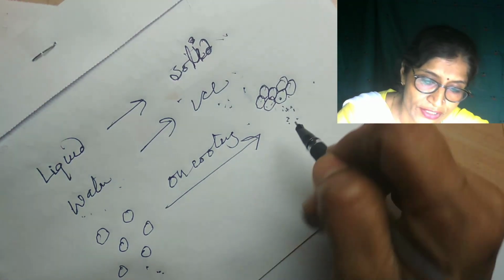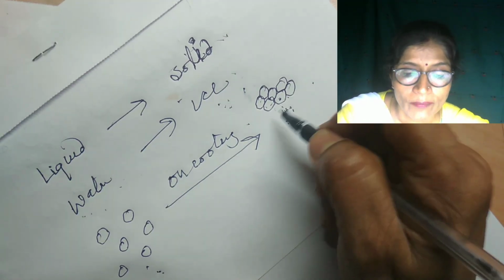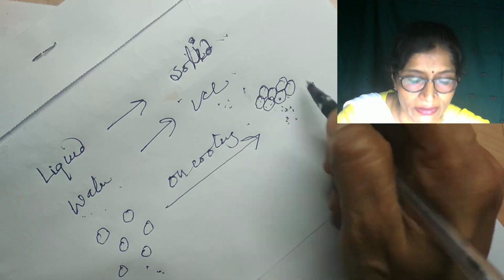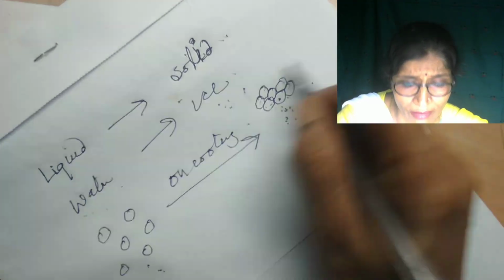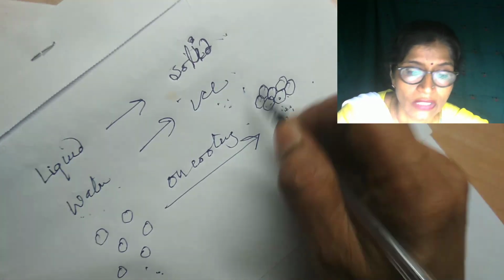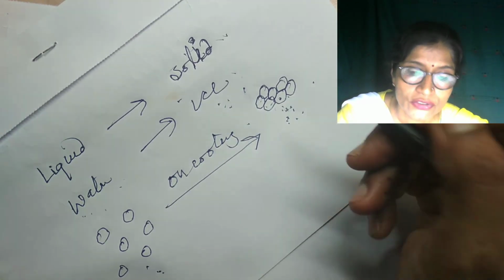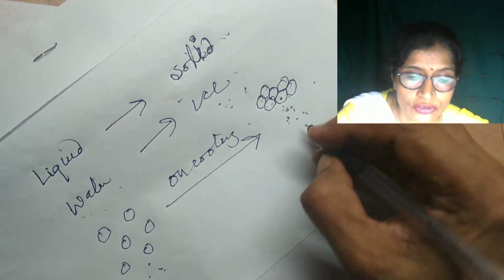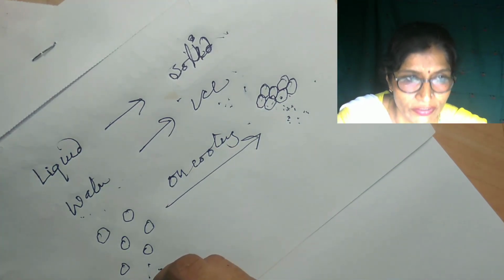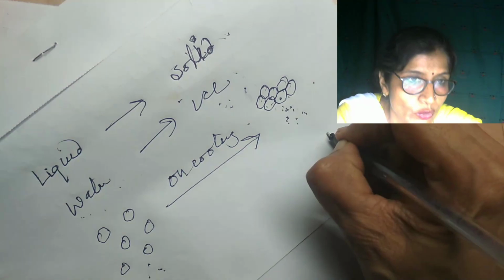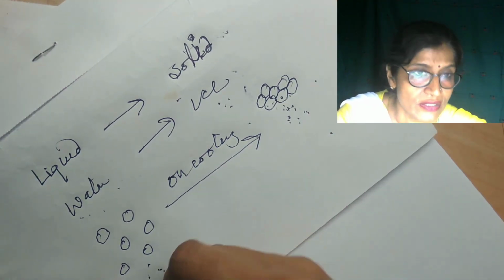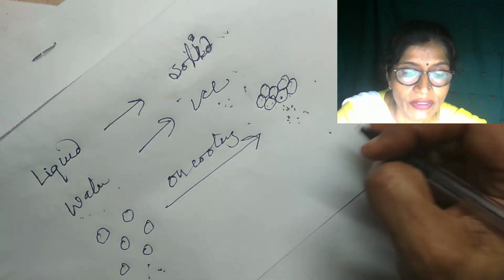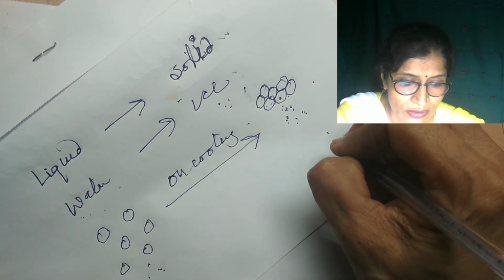And when the vibration decreases, and they come closer to each other, it means now the particles are tightly packed. So the substance converted from liquid state to the solid state, or you can say water will be converted into ice, or if it is in the molten state, anything, then it will be converted into the solidified state.